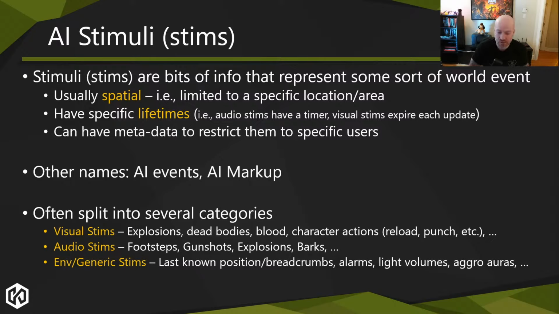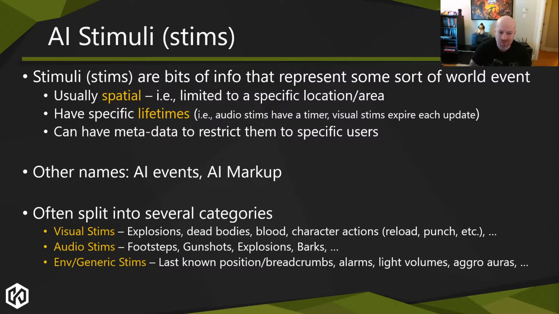A sound occurs, we say the sound lasts for like half a second, and it's at this specific location, and it's of this intensity. Additionally, the stims could have some metadata that says, hey, I only apply to AI agents of type blah, right? Some places have called it events, some places called it world markup. Stims, I think, is the more common thing.